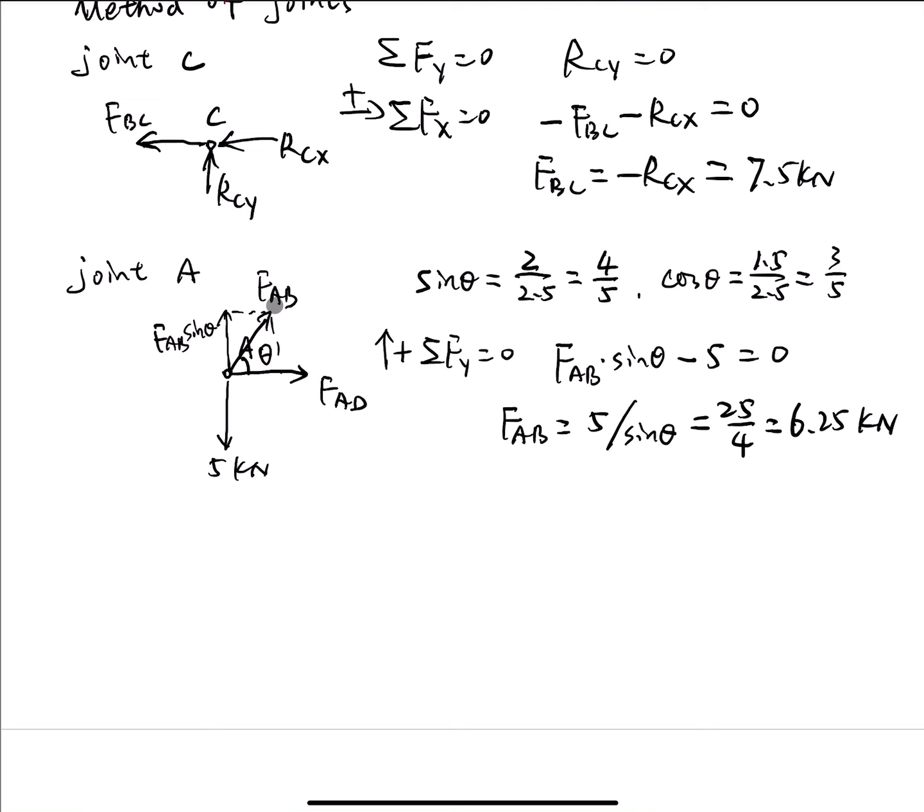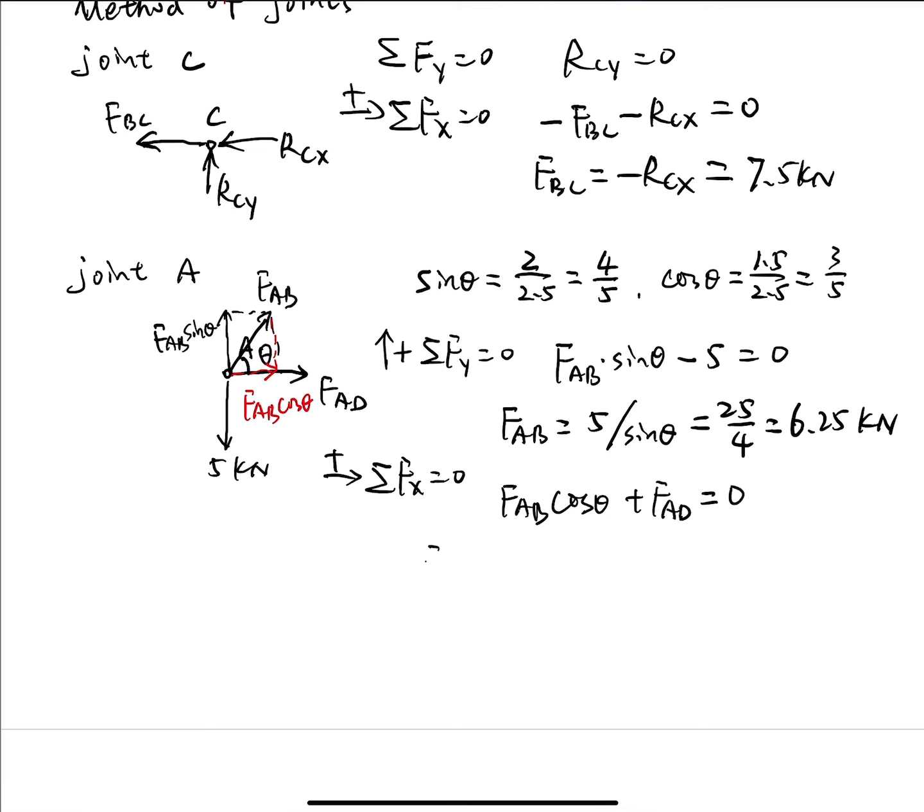In the x direction, we can write down like this. We know FAB, so FAB has a component, FAB cosine theta. So FAB cosine theta plus FAD equal to 0.